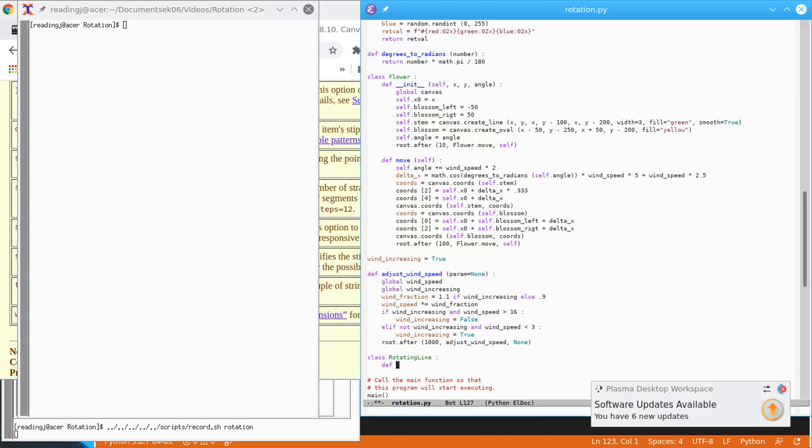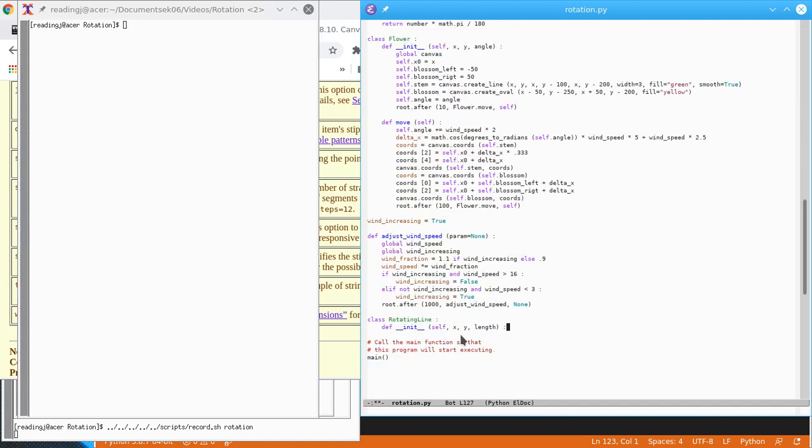So we're going to call this RotatingLine, and we need our init, which is what sets up the line: x, y, and length. And you may have noticed this extra parameter self, that represents the object itself. Okay, so it's the thing that has the data inside of it.